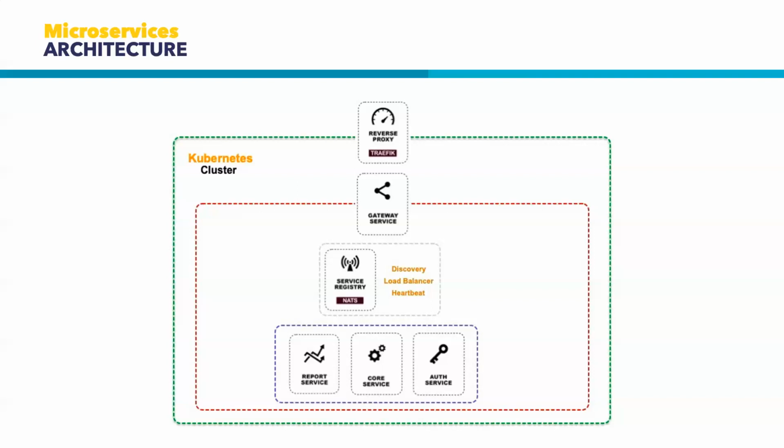I think you've heard about denial of service attacks, DoS, because most of the services are exposed from the outside, and I can just send requests to crash the system. In our architecture, nobody can access our services because they're inside the cluster. They cannot be accessed from the outside. So the question is, if I cannot access them from the outside, how can the front end access them? That's the gateway service.